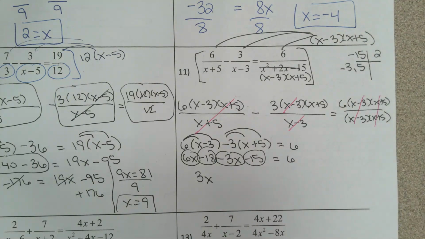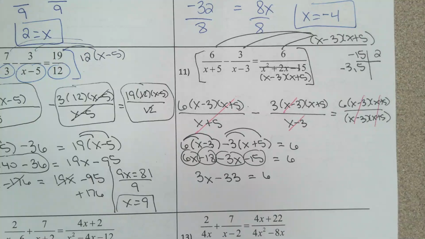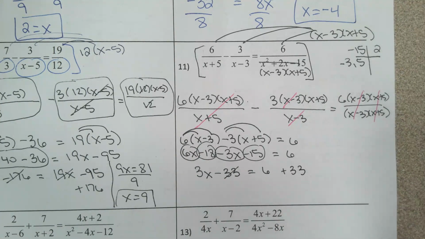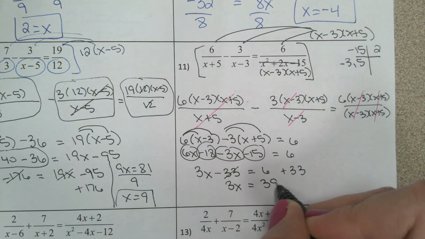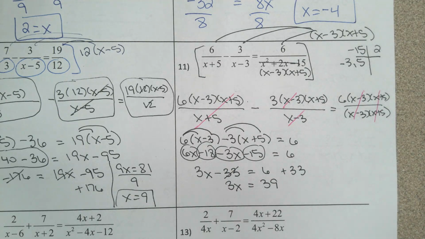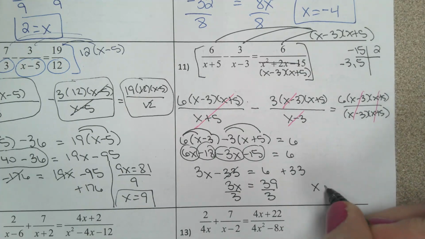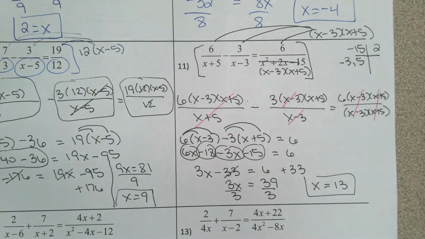Hold on, I need my calculator. And that adds up to negative 33. I need to solve for x, so I'm going to add 33 to both sides. That adds up to 39. Divide both sides by 3 and get x equals 13.